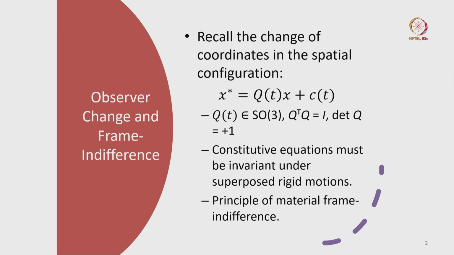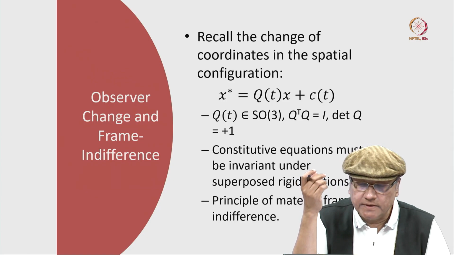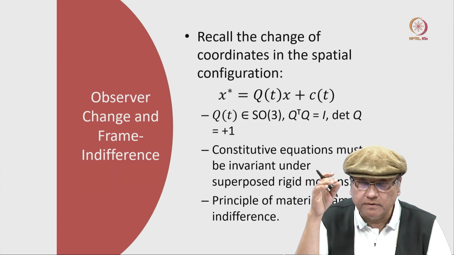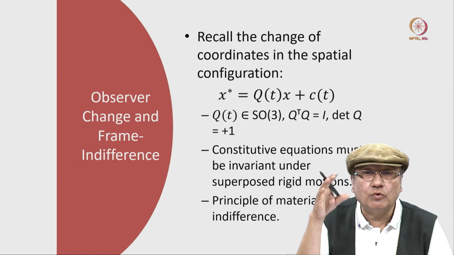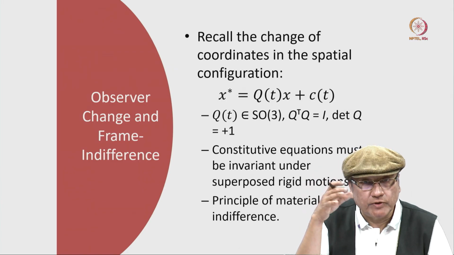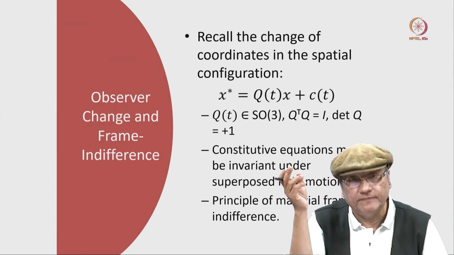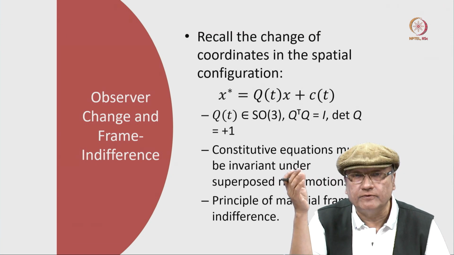Now, towards understanding what exactly objectivity is related to the frame indifference of the possible rotation of the coordinates or possible translation of the coordinates, or together both rotation and translation of the coordinates in the spatial configuration, that is in the deformed configuration.